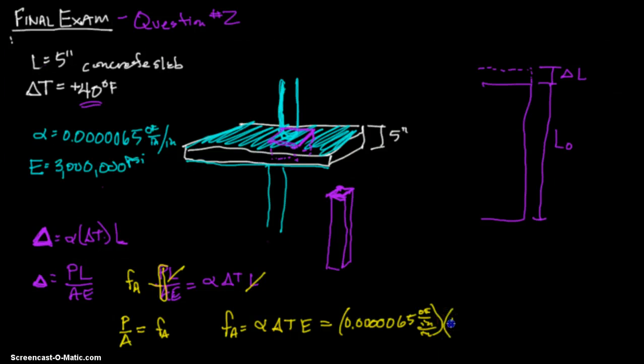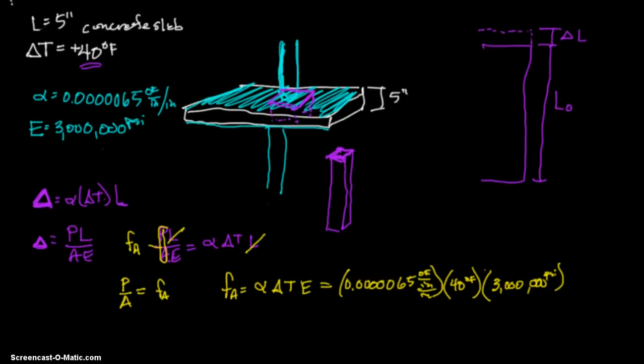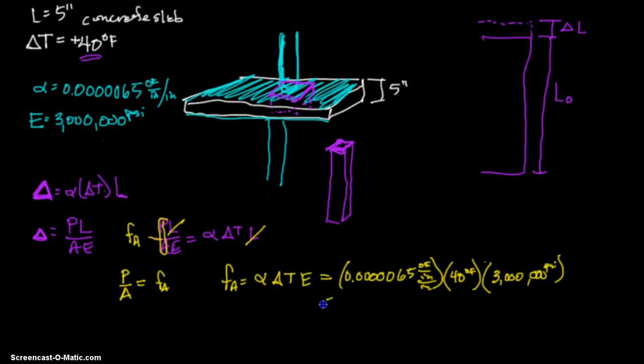We have a 40 degrees Fahrenheit change, and E is 3 million psi. Let me get my handy calculator out.